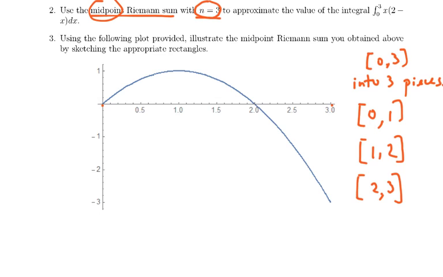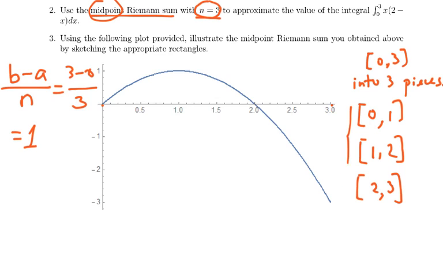Remember the formula is (b minus a) over n, where b is the right endpoint of your interval, a is the left endpoint, and n is the number of parts you're going to divide this interval into. Here the left endpoint a is 0, the right endpoint b is 3, so that is 3 minus 0 divided by n equal to 3. That means the length of each interval is equal to 1.